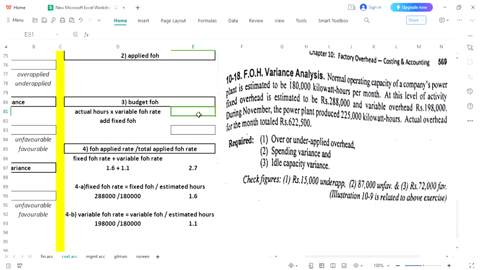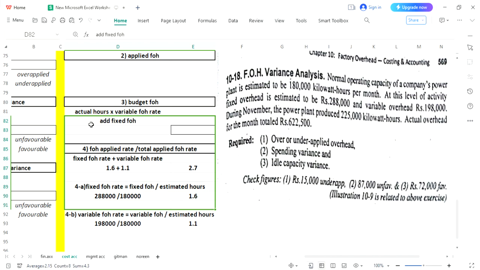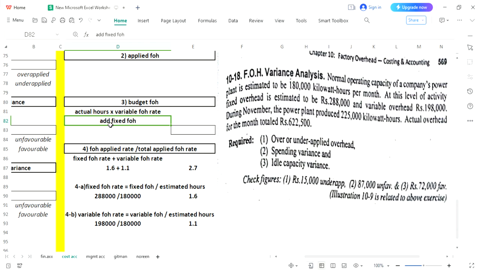I think we should have one more line so that we can demonstrate the presentation as well. For that, we can shift this. So here we have the line actual hours, 225,000.